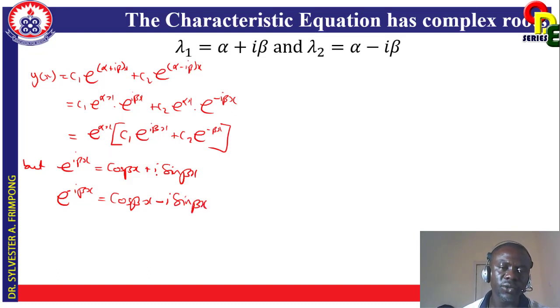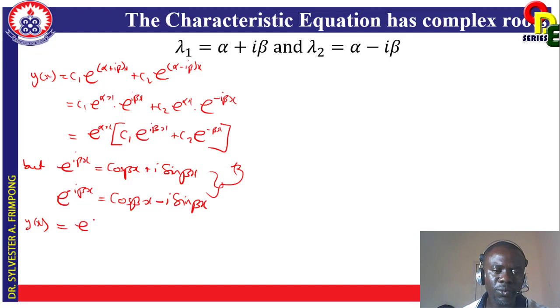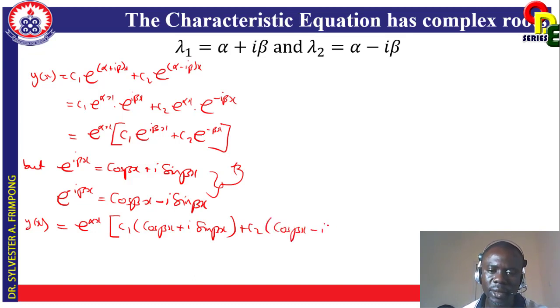So if you substitute these here into this equation, then we are going to have y of x equal to e raised to the power alpha x multiplied by C1 times cos beta x plus i sine beta x plus C2 multiplied by cos beta x minus i sine beta x.